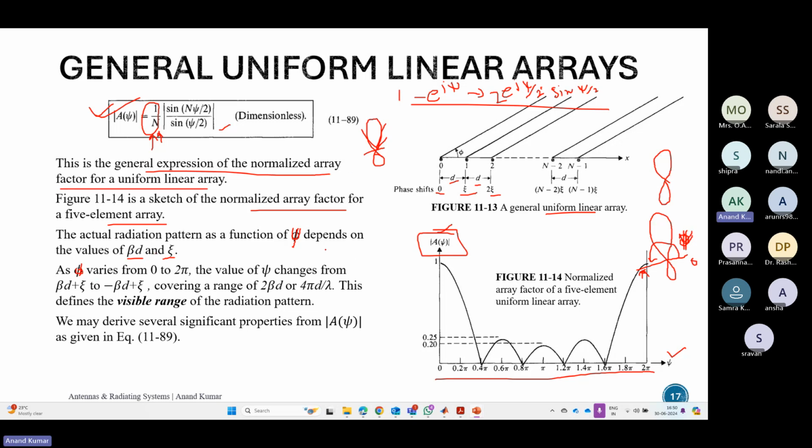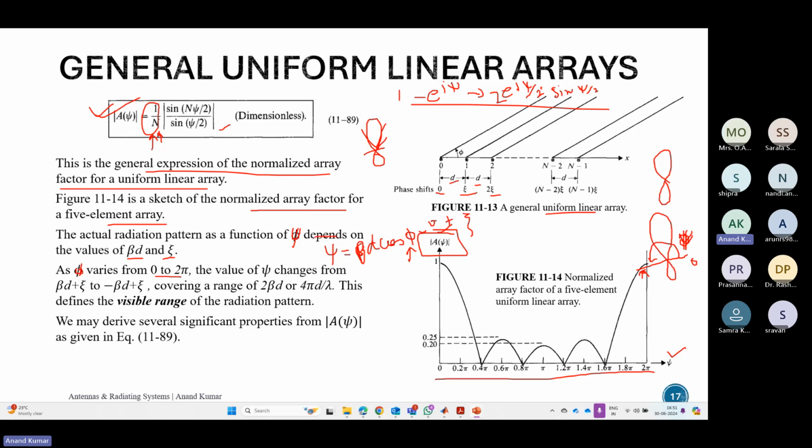The expression for psi was like this: beta d cos phi sine theta plus xi, right? So this was the expression, and as phi varies from 0 to 2 pi, the value of psi will change.